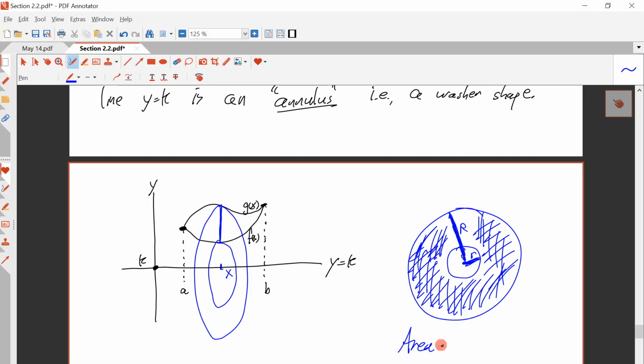So the area is equal to pi R squared for the big disk minus pi r squared for the little disk. Okay, well, what is it here?